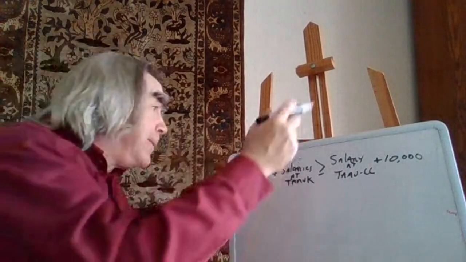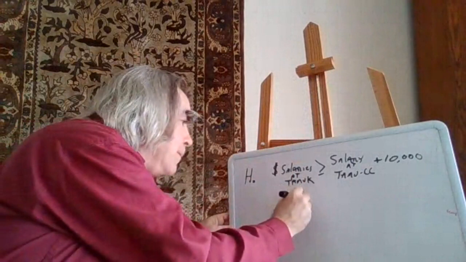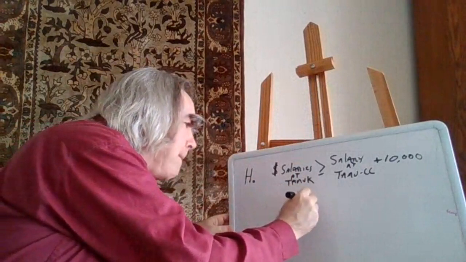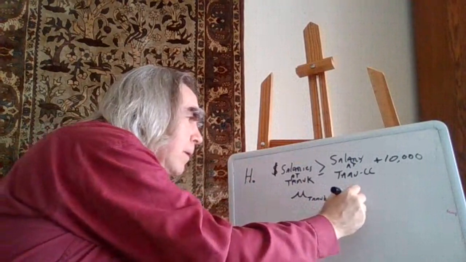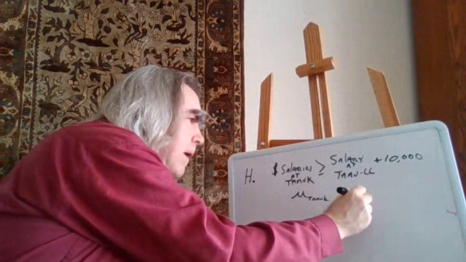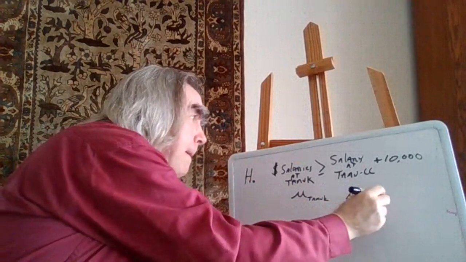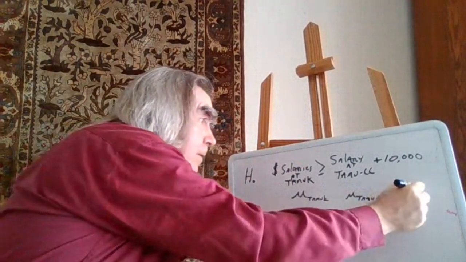Let us write it down a little bit differently. This is mu TAMUK, and this is mu TAMU-CC plus 10,000.